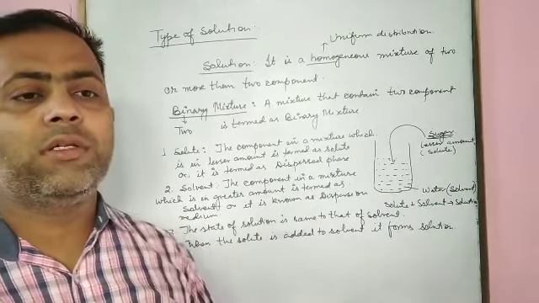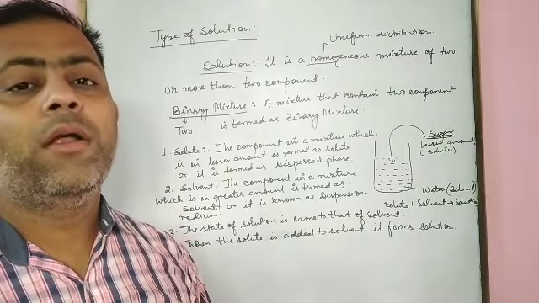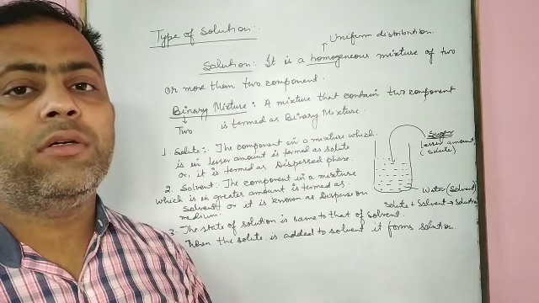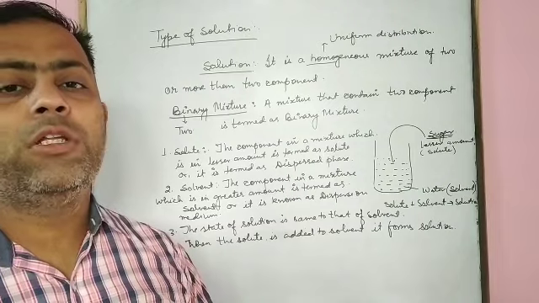Next, we will discuss the classification of solution on the basis of the dispersed phase and the dispersion medium. Based on the physical state of the solute and the solvent, a solution is classified into three types: gaseous solution, liquid solution, and solid solution.